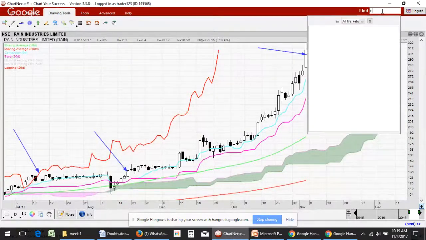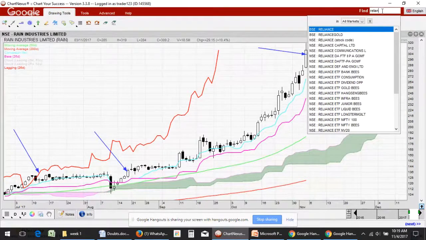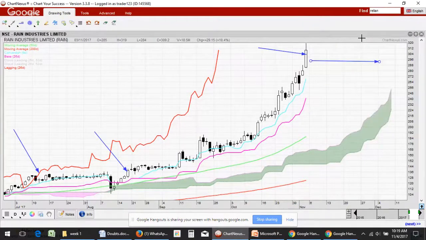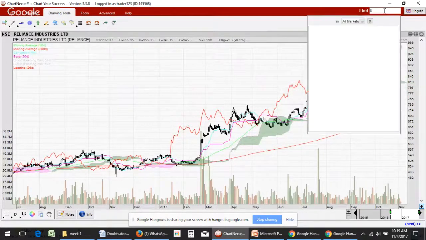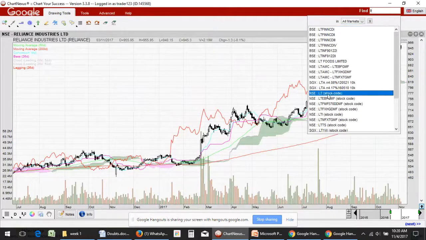Let's just look at Reliance again. I'm just trying to see if I can find any consolidation here. Look at L&T.